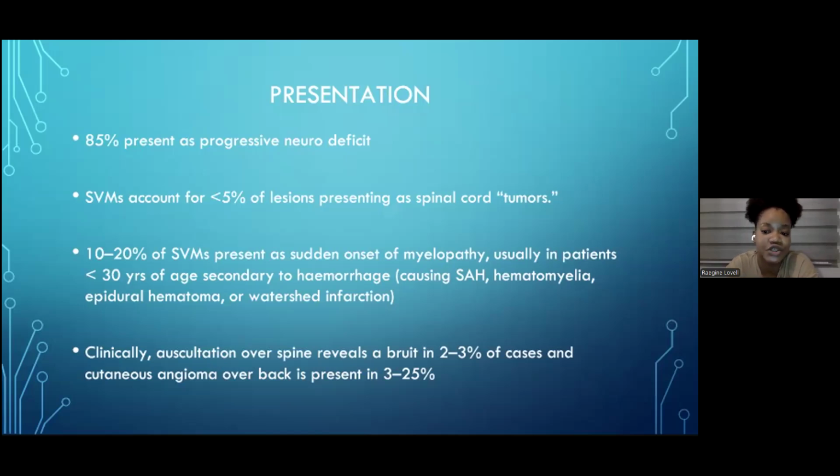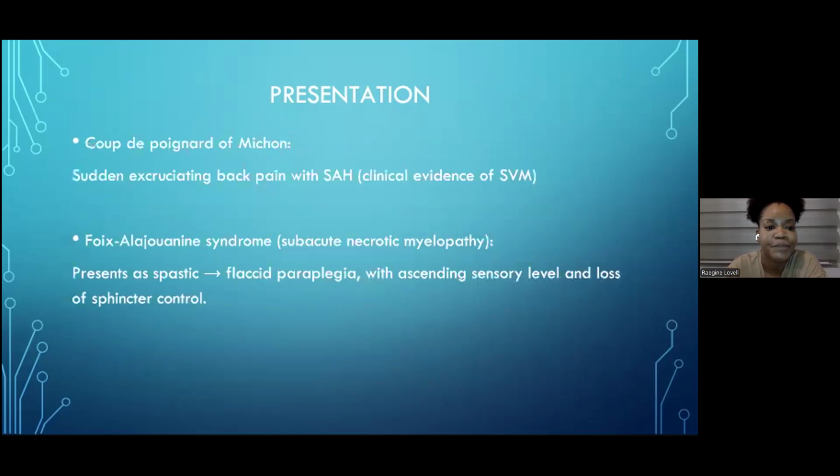Clinically, auscultation over the spine can reveal a bruit in about 2 to 3% of cases. And then cutaneous angiomas over the back are present in 3 and up to 25%. Valsalva maneuver may enhance a cutaneous angioma presentation. 2 terms to know are coup de poignard of Michon, which is, and forgive my French, sudden excruciating back pain with subarachnoid hemorrhage and is clinical evidence of an SVM.